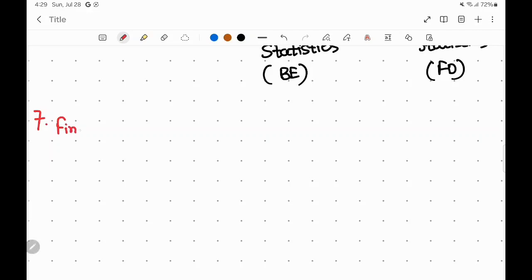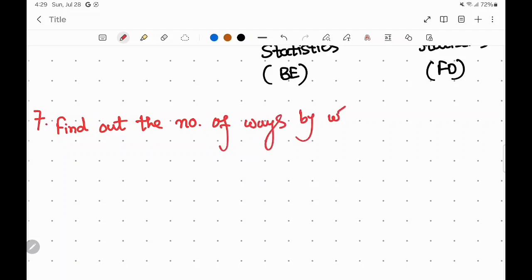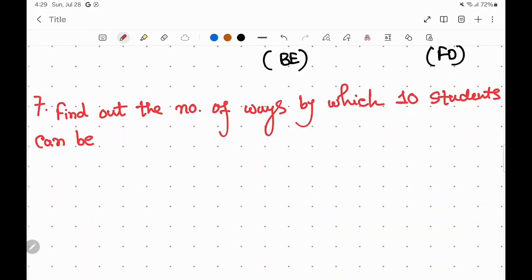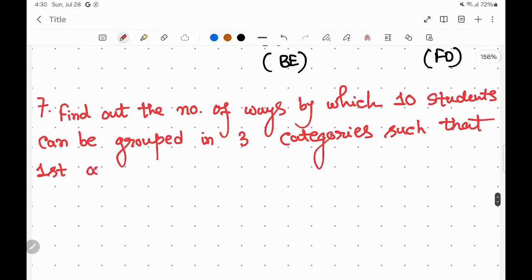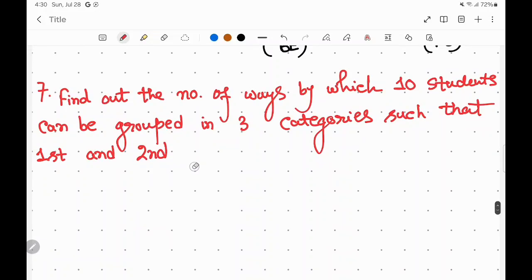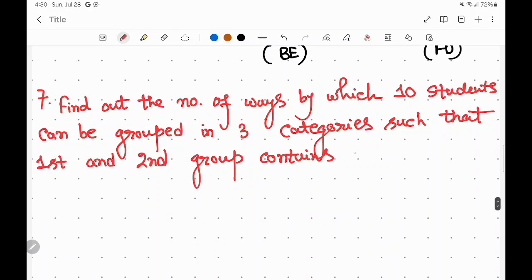Find out the number of ways by which 10 students can be grouped in three categories such that the first and second group contain the same number of students.